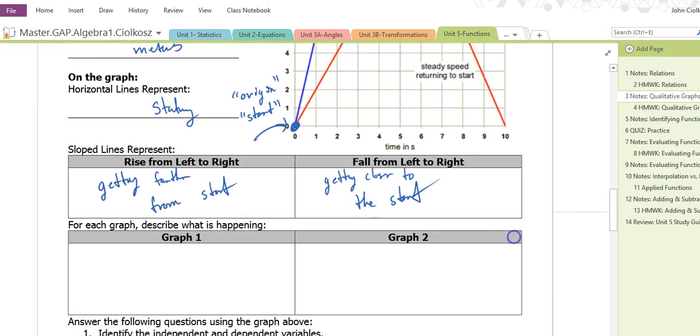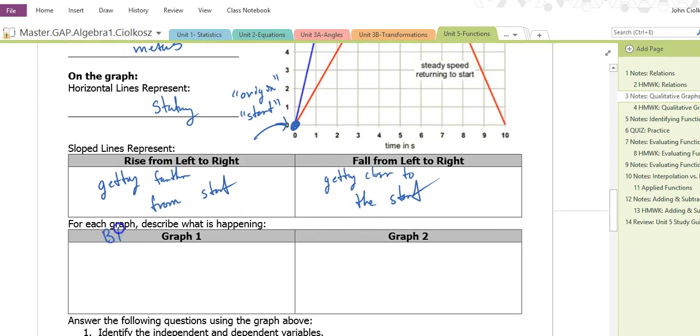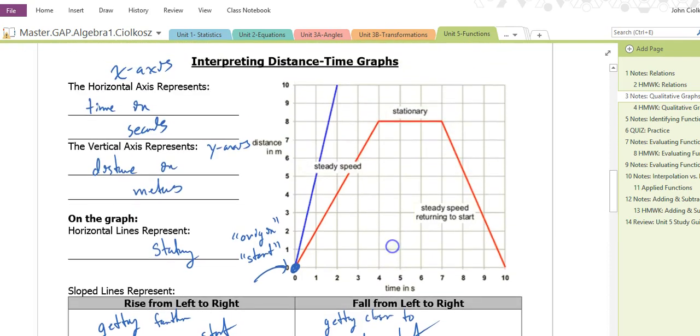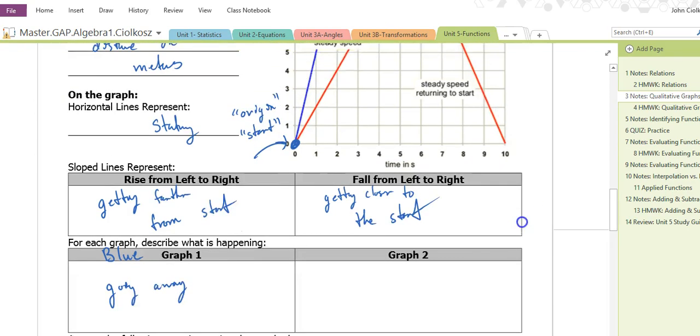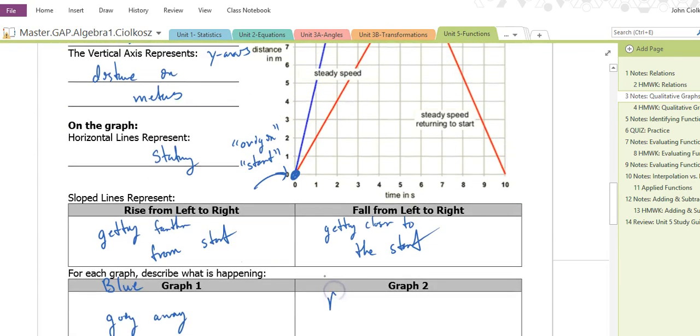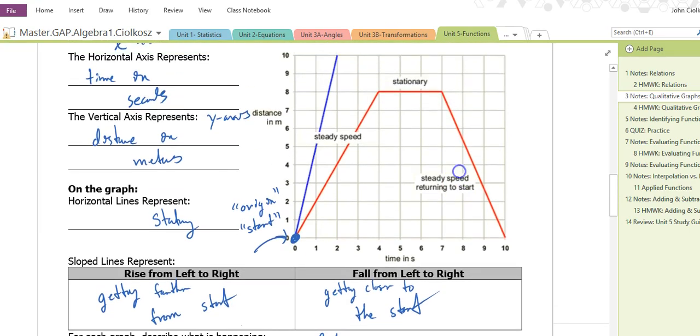So graph 1, let's take a look at our blue here. So here, it just seems to be going up, and up and up and up. So, going away. Graph 2, we'll say that's the red one. This one's got 3 distinct parts.